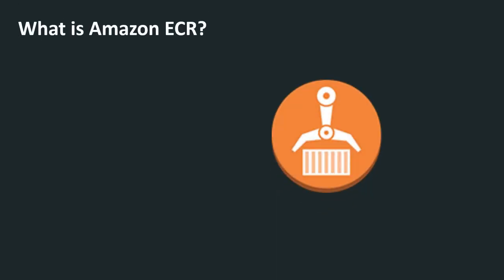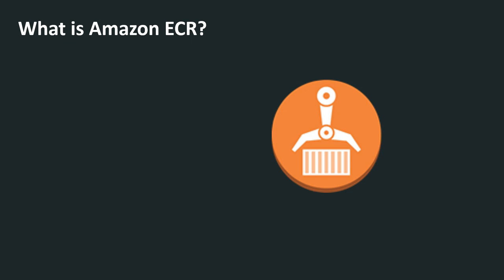Now we just saw two of the services on AWS that are specifically for containers, and this is one more container service on AWS, and that is Amazon ECR, which stands for Elastic Container Registry.